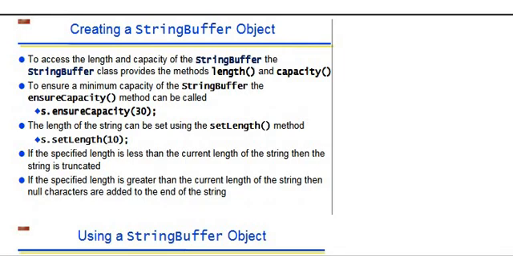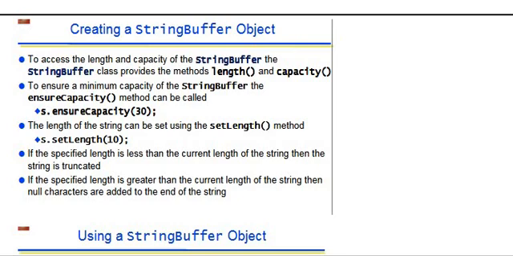So we have two methods, length and capacity, to access the length and capacity of the StringBuffer. And we have another method called ensureCapacity to ensure a minimum capacity of the StringBuffer. Look at the example s.ensureCapacity(30).